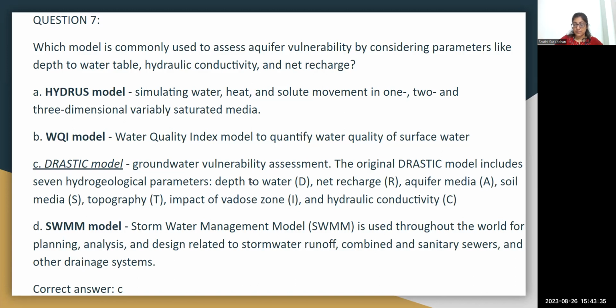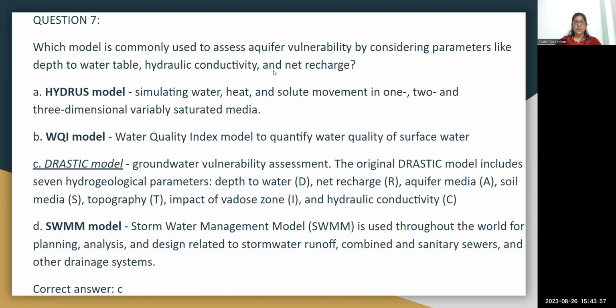We can quantify the water transport occurring in a soil medium with HYDRUS, but the DRASTIC model is developed with the intention of vulnerability assessment of groundwater, and it includes majorly seven hydrogeological parameters: depth to water, net recharge, the aquifer media, the soil media, the topography of the land, the impact of the vadose zone, and hydraulic conductivity.